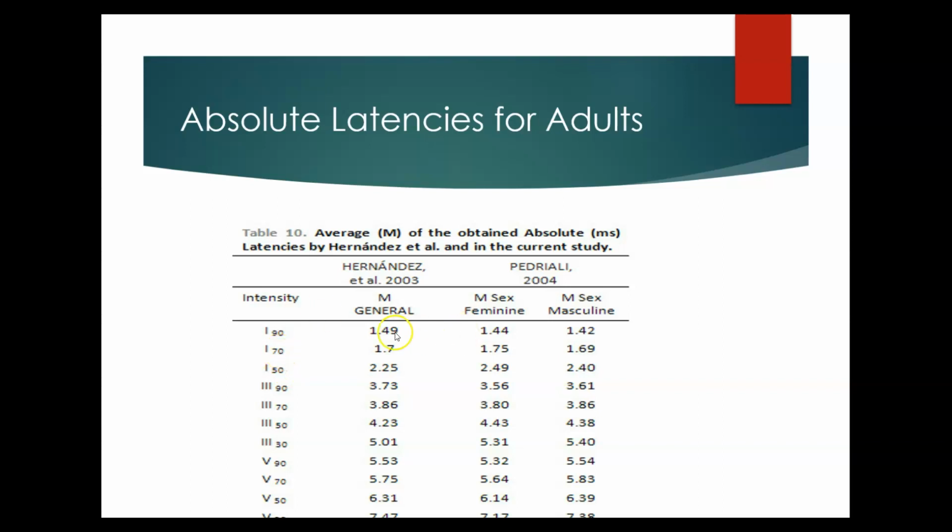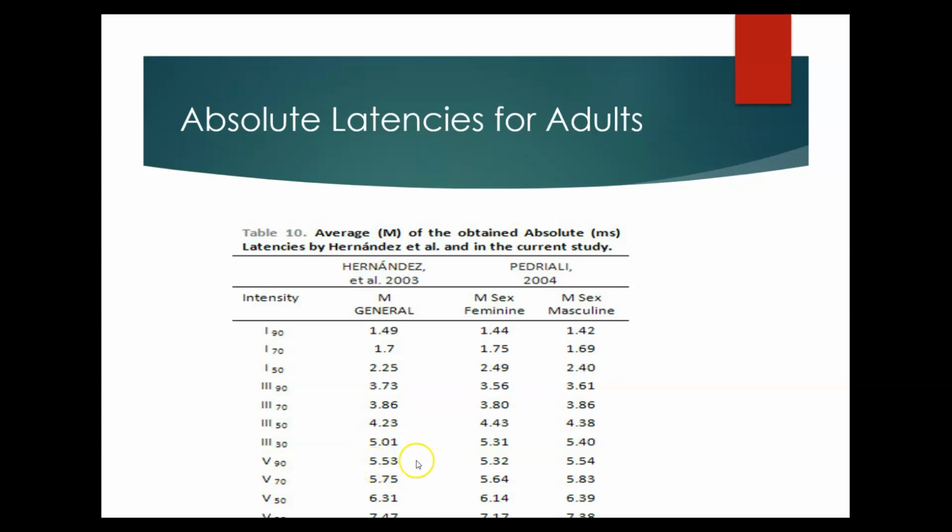Okay, so for neurological purposes, we're always using the 90 decibel. So we would look at wave 1, wave 3, and wave 5 at 90 decibels. We're looking at 1.49, 3.73, and 5.53. Those are the times that they should occur.